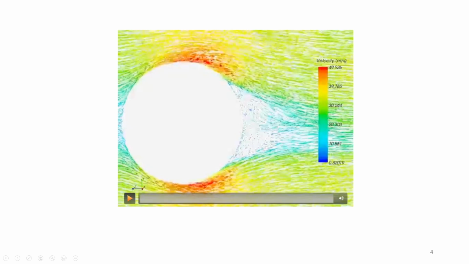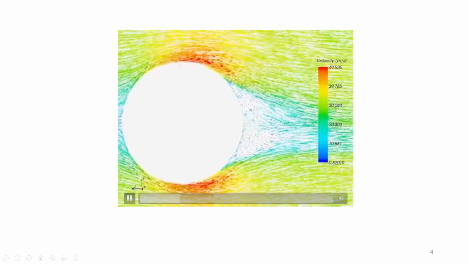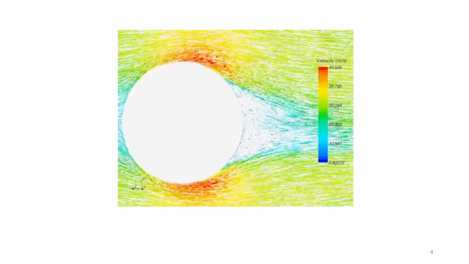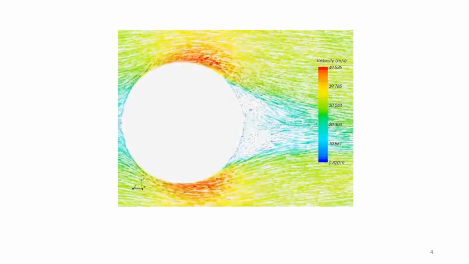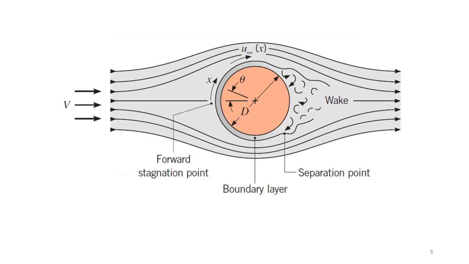That's the main observation from this computational model. As you can imagine, whenever there is a variation in velocity, there will be a variation in convective heat transfer coefficient.